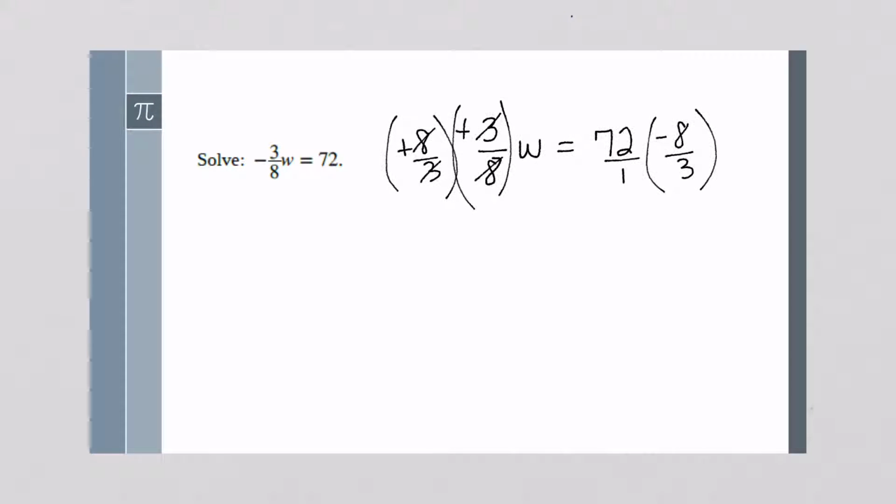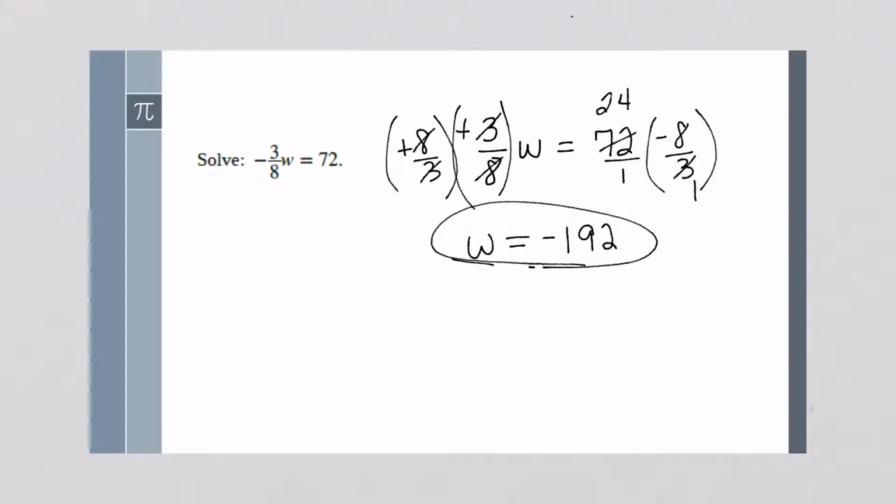I'm just left with plain old W on the left. On the right, the 3 will go into the 72 24 times. And so I'm left with 24 times negative 8. And 24 times negative 8 is negative 192. So W is equal to negative 192.